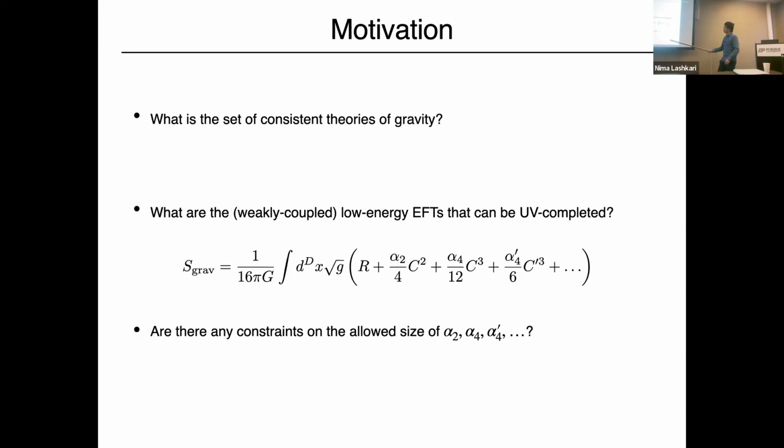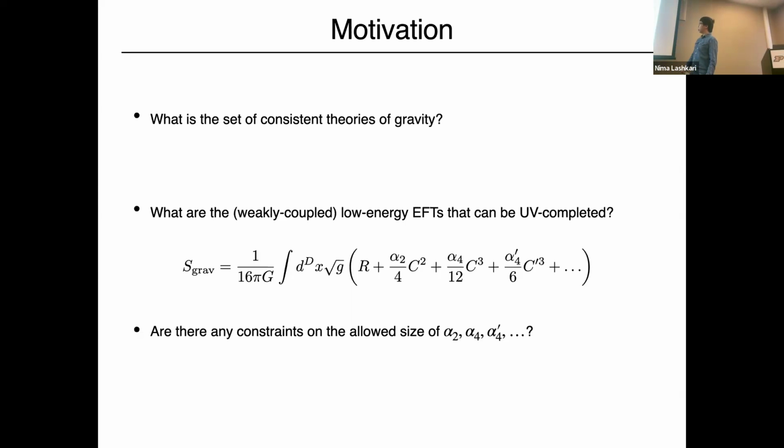This R, this Ricci scalar, gives the Einstein gravity, but there should also be higher derivative terms that you can write down, and they will have some unknown Wilson coefficients that I wrote as alpha 2, alpha 4, etc. And so if you have a UV completion, the UV completion will give some predictions on these coefficients.